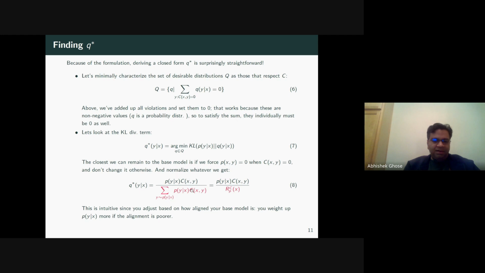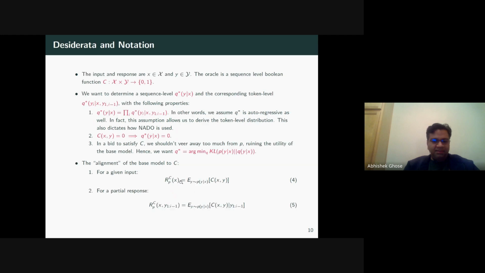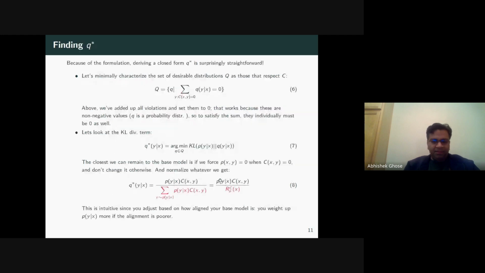So I take this quantity, add it over all y, but we have seen this quantity before, right? This quantity is essentially this quantity, right? So somehow magically, it turns out that the optimal sequence level distribution we can get is actually a very simple quantity, right? At least mathematically.